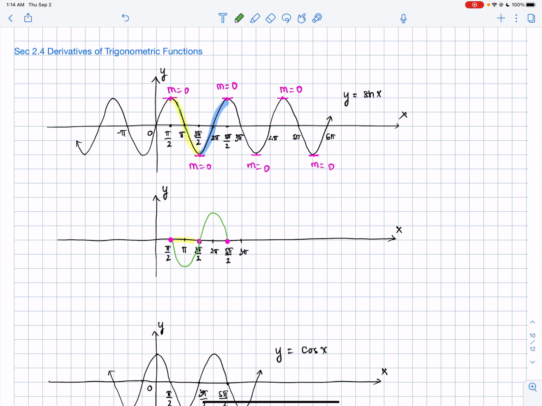Okay, so we continue to do that. For example, we look at this piece right here. If we draw the tangent line, we will get a positive slope, so our graph for the derivative will be above.